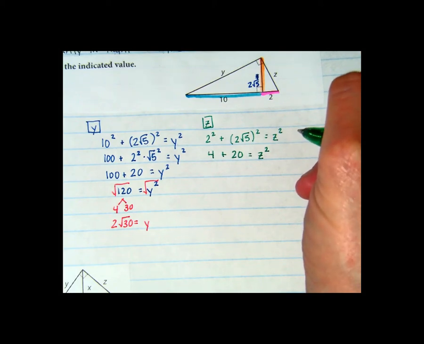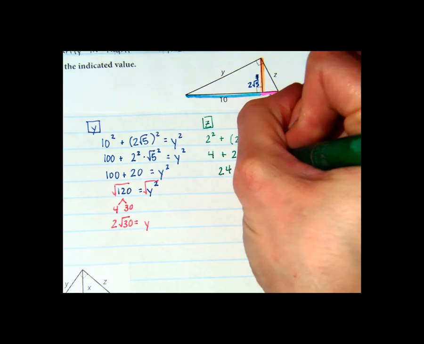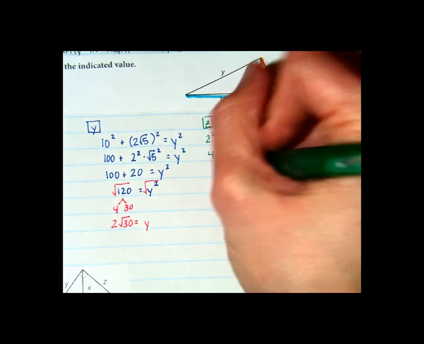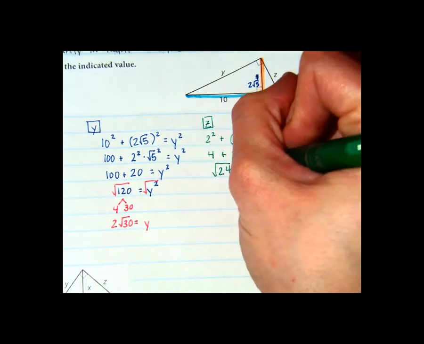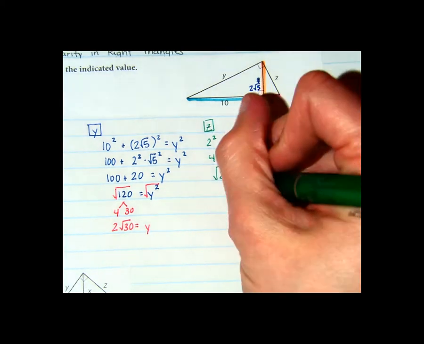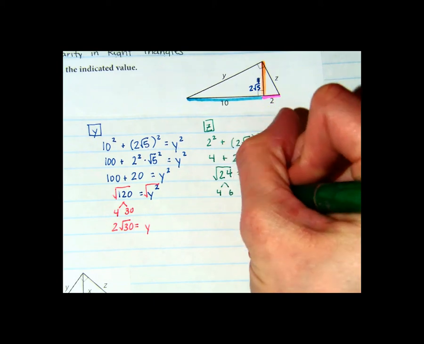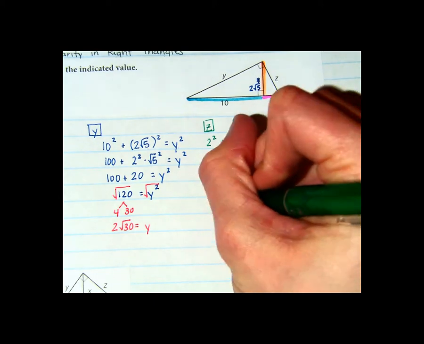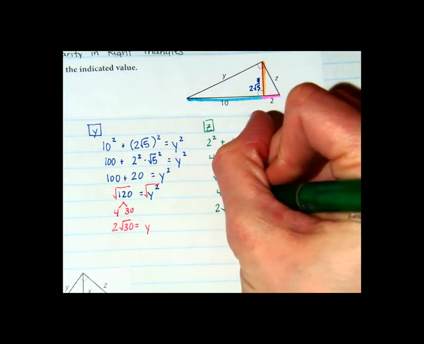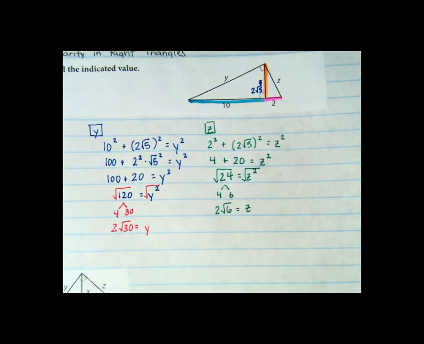Four plus 20. What perfect square goes into 24? 4 times. So what is z equal to? I've then found every missing piece, x, y, and z.